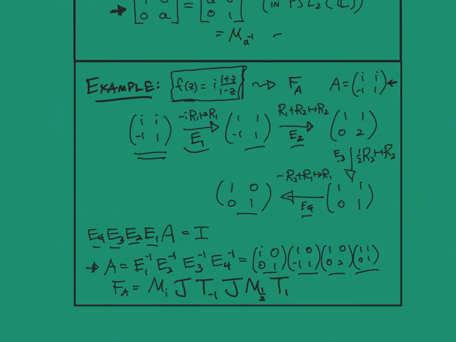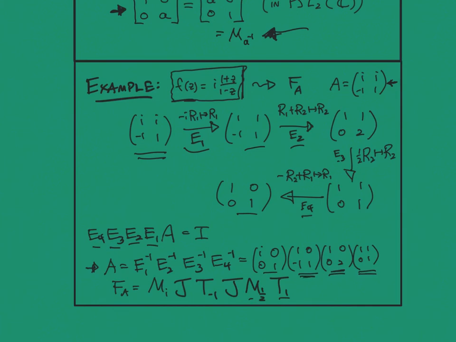And if you want to write FA as a composition of multiplications, translations, and inversions, well, you just have to do the conversion. So this first one was translation by 1, so I put a T1. The next one was multiplying the second row by 2, which I said you can convert into multiplying the first row by 1/2 because we're in PSL2C, so I can put that here.